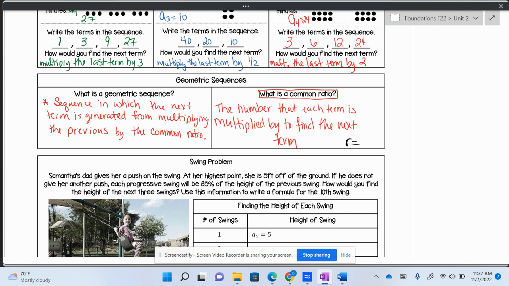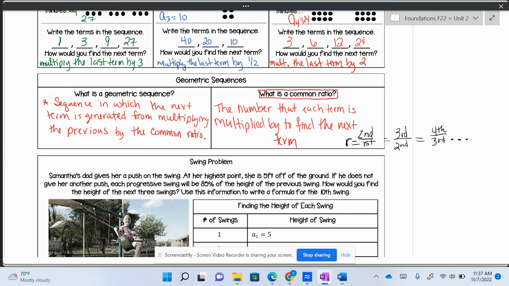But if you can't tell what that common ratio is, you can take the second term and divide it by the first term. Or you could take the third term and divide it by the second term. Or you could take the fourth term and divide it by the third term. And that whole little pattern goes on forever.